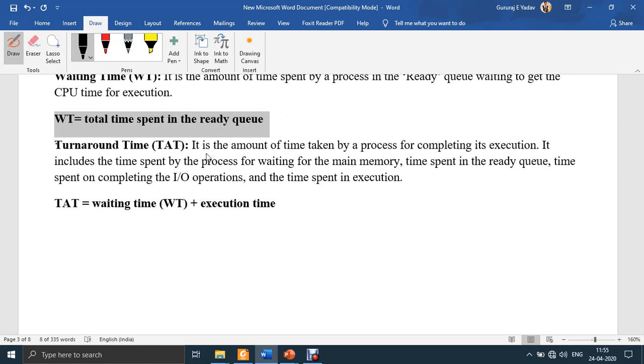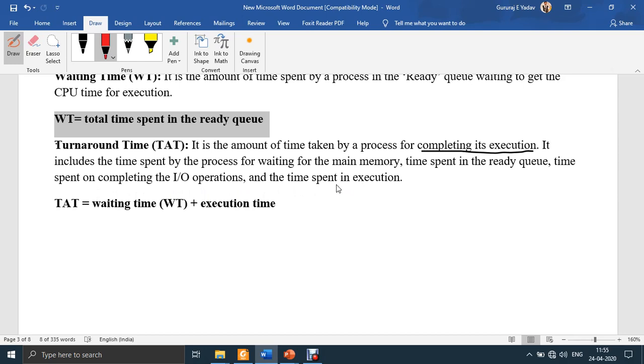Turnaround time is the amount of time taken by a process for completing its execution. What is the total time it requires for completing its execution? This time includes time spent waiting for the main memory, that is to acquire the memory, then the time spent in the ready queue, the time spent on completing the IO operations, and the time spent in execution.